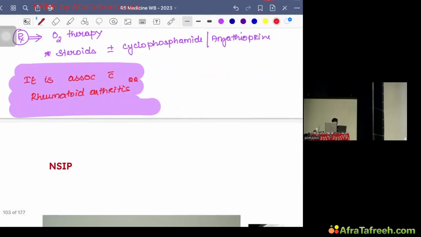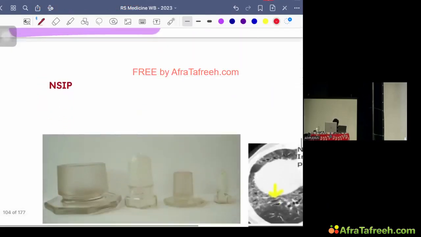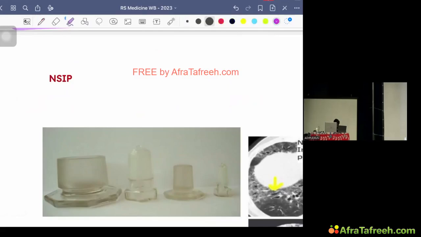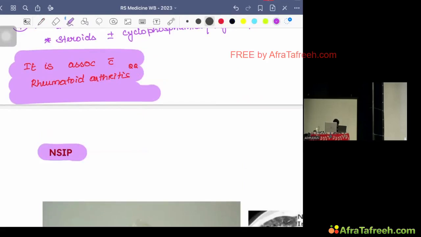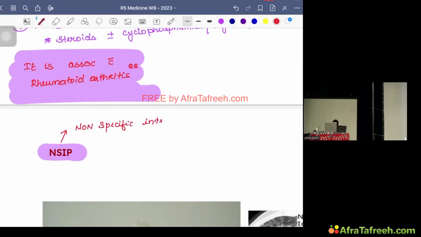The second important disease is going to be called NSIP. What is NSIP? Non-specific interstitial pneumonia.